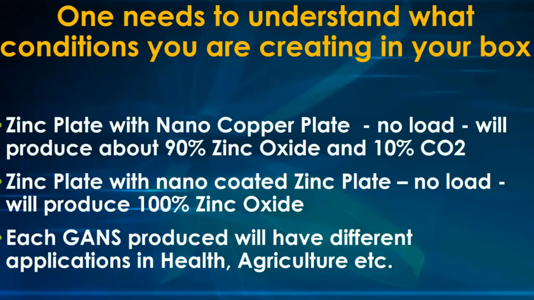So it's just being aware of what conditions we are creating in our box all the time. Each one that we produce is going to have different applications in health or agriculture. So one has to be very aware of how you set your boxes up, what you're doing, and what you're wanting to create at the end of the day.